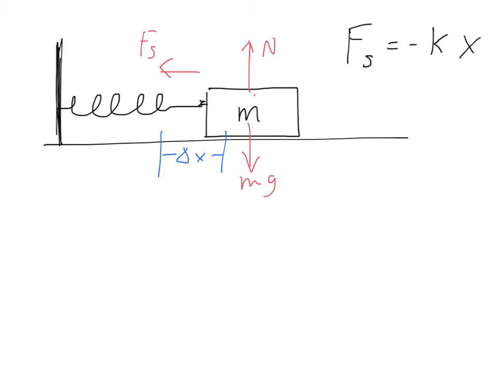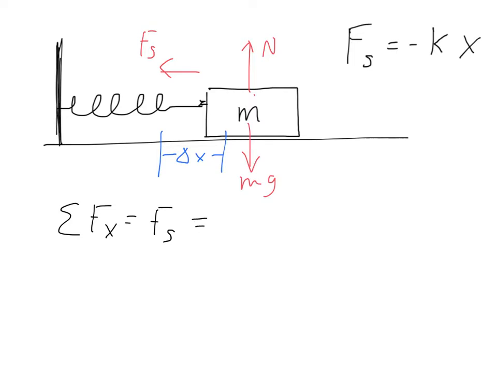So we would expect in the y direction the net force to be 0, and the normal force and the gravitational force to be the same. And again, we're going to ignore the effects of friction to simplify things. So in that case, the net force in the x direction would just be the spring force.